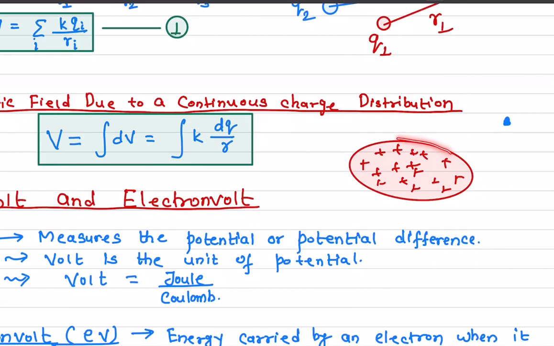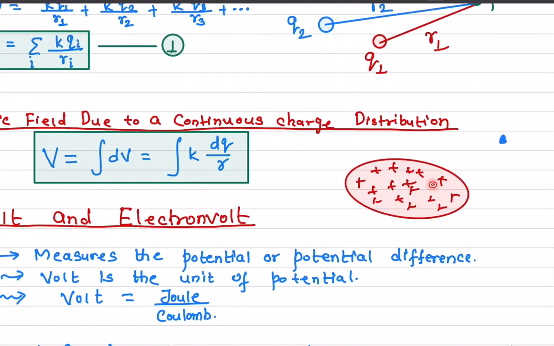Again, we're going to use the superposition principle. In this case, we divide this entire disk into small fragments, tiny charges, and find the potential due to all these tiny charges. Find the potential due to this charge here. And there will be many charges, but the simpler way is if you just integrate.